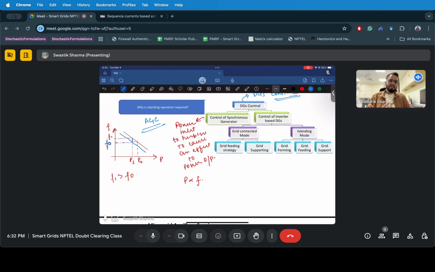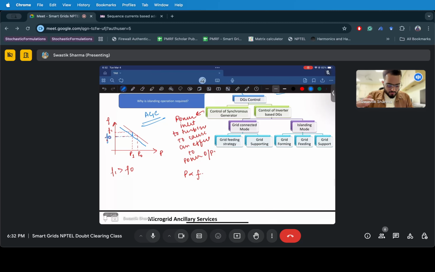Because you have this control over the power, you can control the output and frequency as well, right? We'll discuss more in the next classes, but I just wanted to give you an idea of how synchronous based generators can be controlled. Then for IBDRs, because you have power electronic converters, you use converters there, and basically you have two back-to-back voltage source converters.